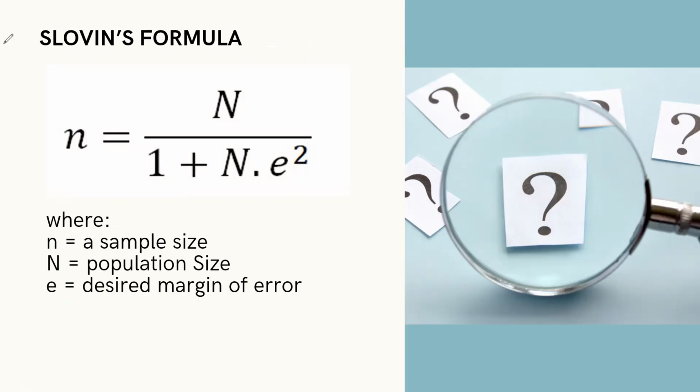I will first use the pen so that it's easier for you to see what I'm trying to say. Here, in the Slovin's formula, n, the small n, represents the sample size. Say, for example, in grade 11, assuming there are 489 number of respondents, you can't really attest that you can survey all of them.